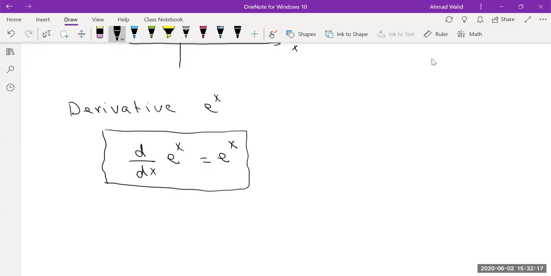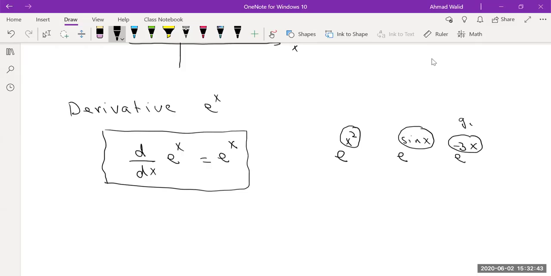But sometimes they give you something like e to the power of, for example, x squared, or e to the power of sine x, or e to the power of, let's say, negative 3x. You see in these examples, x squared, sine x, negative 3x, they are functions, right?